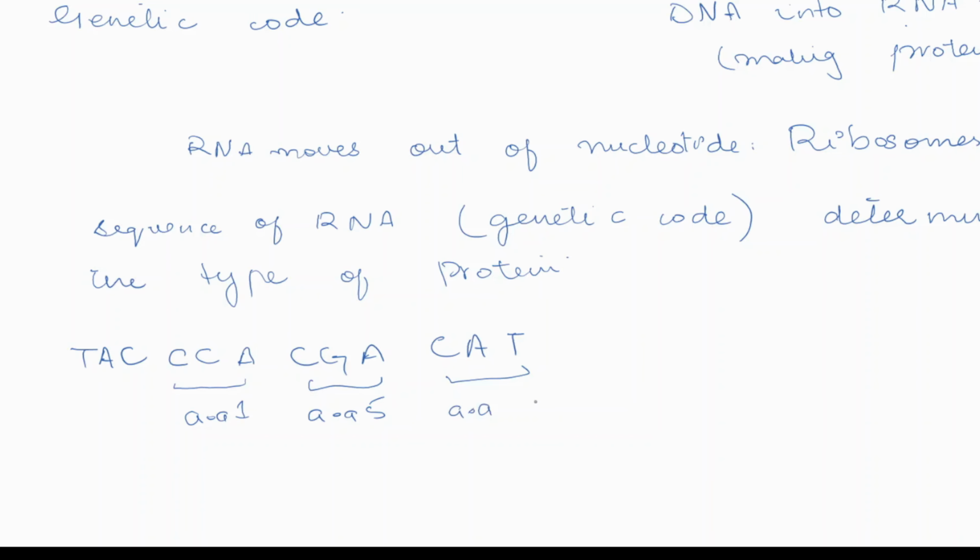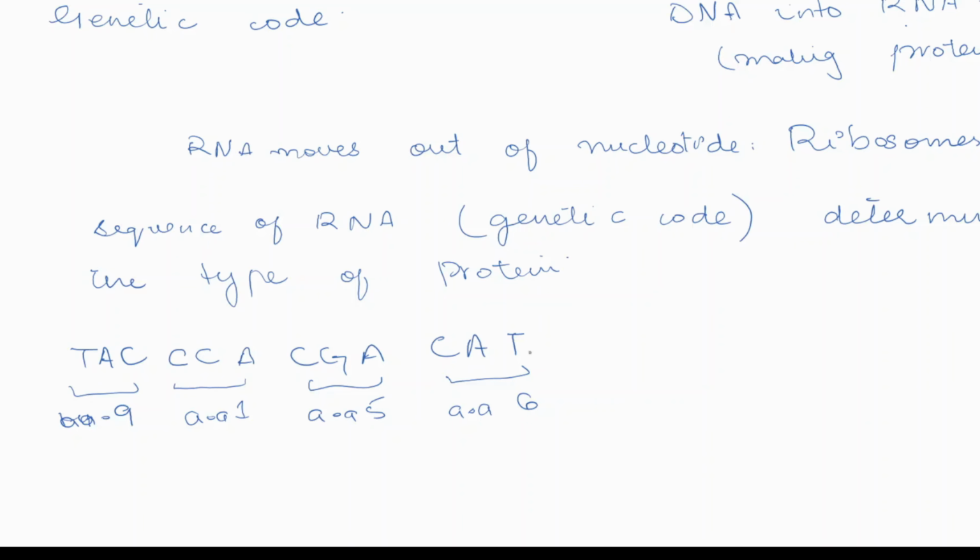How many amino acids are there in your body? 20. So every gene is coding for a different amino acid.